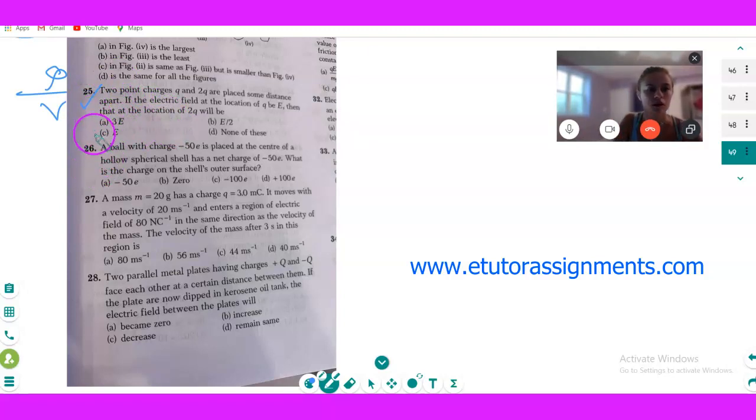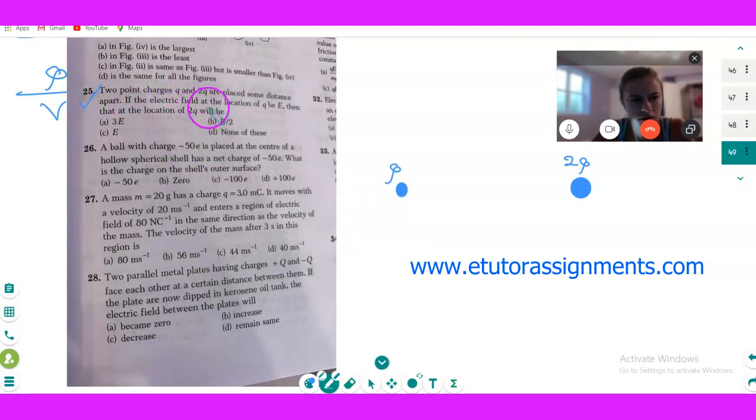Yes. One second. So two point charges Q, 2Q are placed some distance apart. If the electric field at the location of Q is E, then at the location of 2Q, what is the electric field? Q is there, 2Q is there. Correct? Placed some distance apart. We don't know the distance.